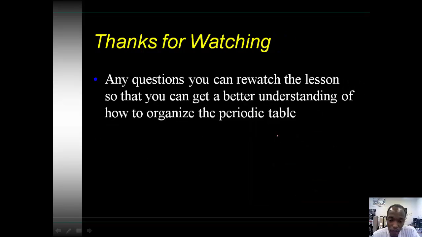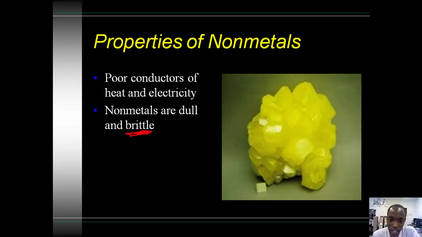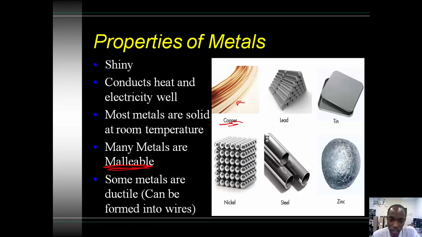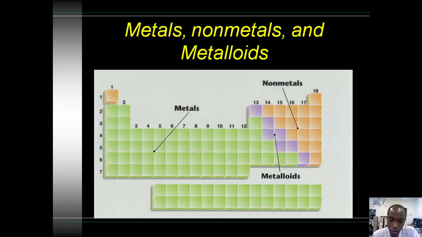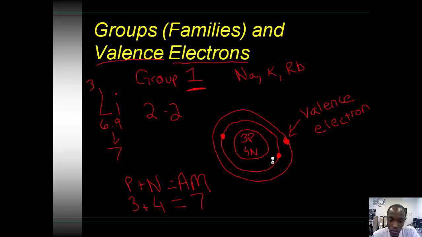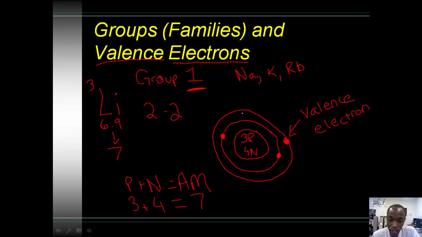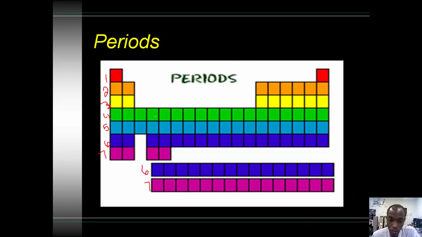And if you have any questions, you are more than welcome to review this lesson again. And just to recap some things, our periodic table is broken up into categories: metals, nonmetals, metalloids. And also it is broken up into groups, which are the columns, and periods, which are the rows.